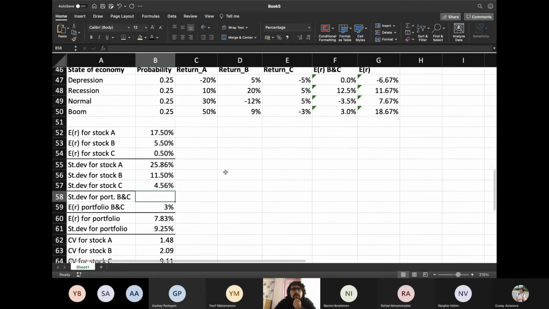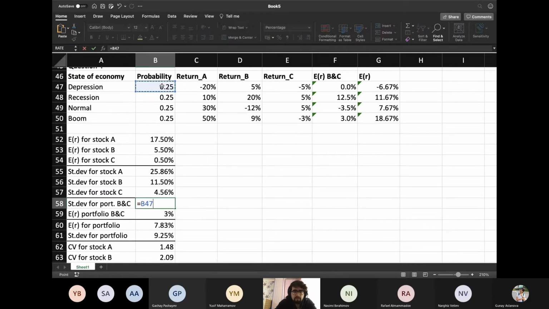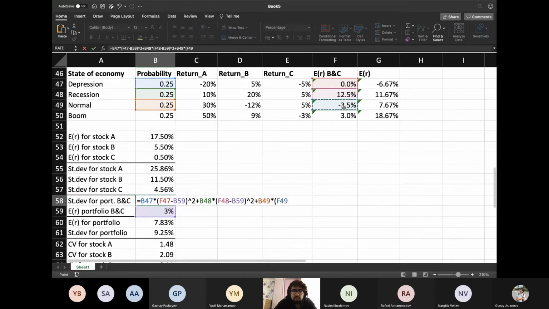Okay, standard deviation is equal to 0.25 times the expected return of them minus the expected return of the portfolio to the power of 2, plus again minus expected return to the power of 2, plus the normal probability times the expected return of BC in normal case minus the overall expected return to the power of 2, plus the expected return multiplied by 3% minus 3% to the power of 2.